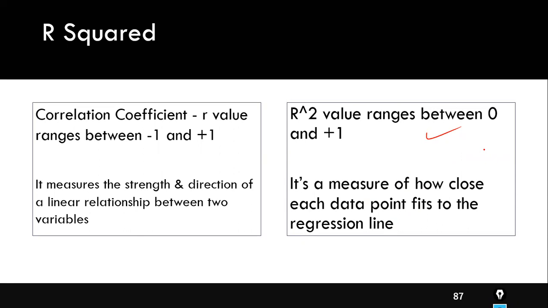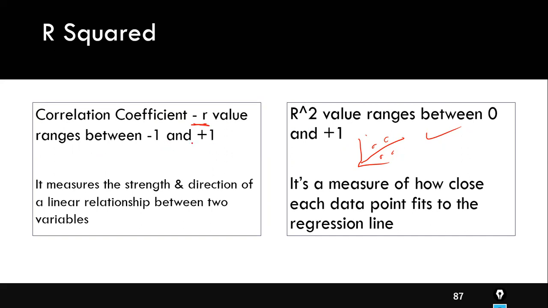But in simple plain English, R squared tells us how close all the data points are to the regression line. You know what the regression line is, the straight line. How close the values are to this line is what we can tell with the help of R squared. For the correlation coefficient, we use a term called R. R ranges between -1 and +1.